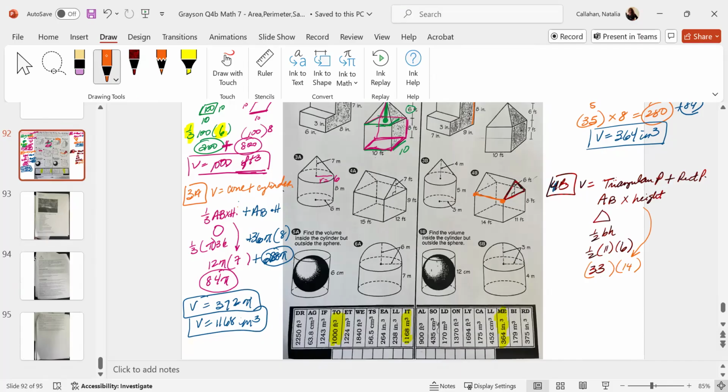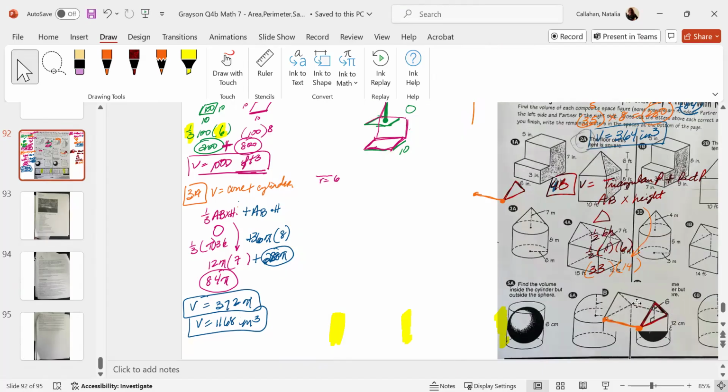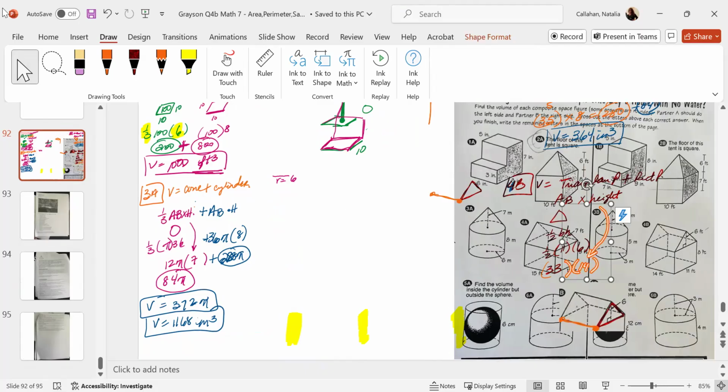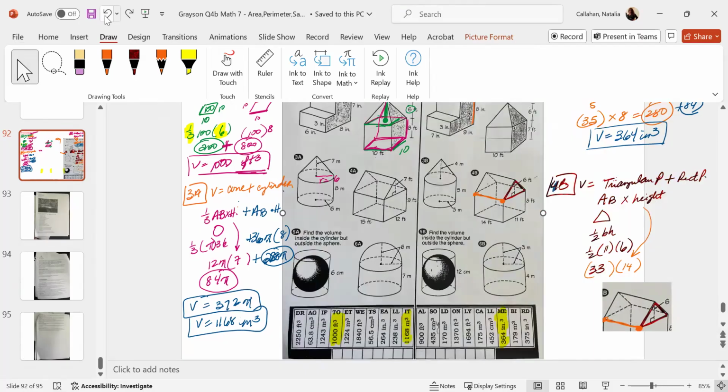Do you see why it's 14? Imagine this flipped over to the side.